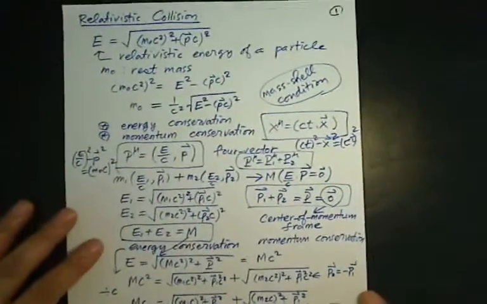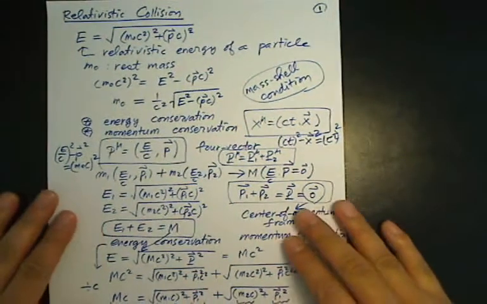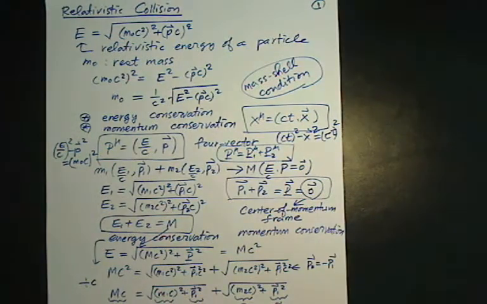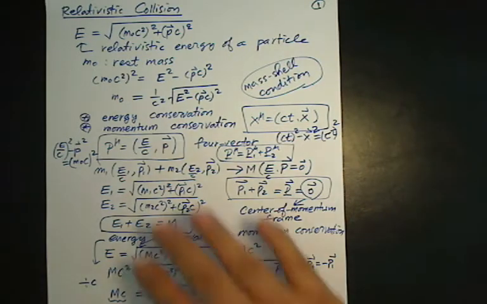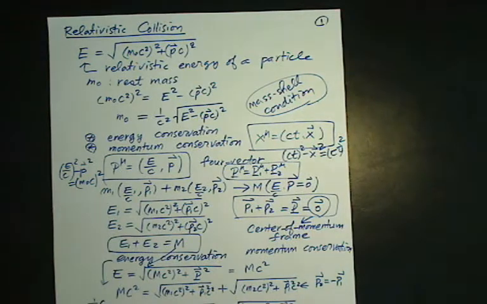Now let us consider some collisions of relativistic particles. In this case, we simply consider the two-body collision to make a particle at rest. If we consider relativity, the energy of a particle is expressed in this way.